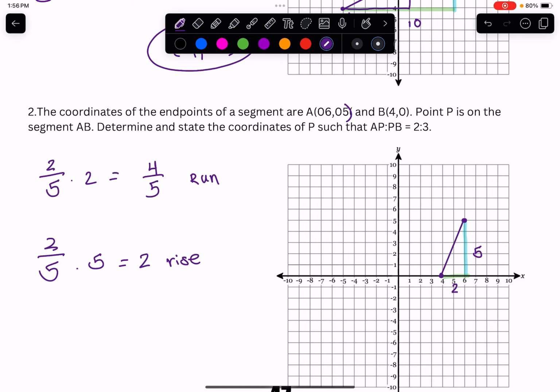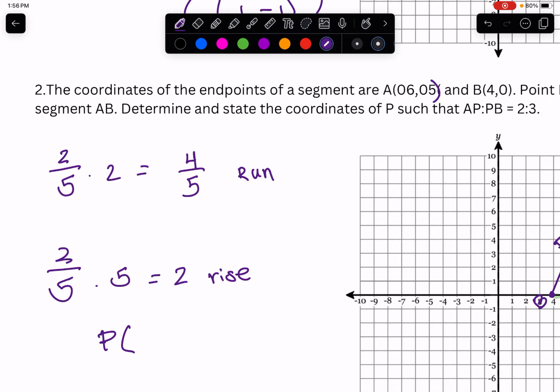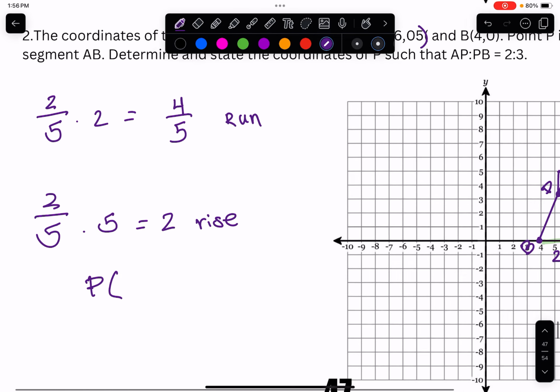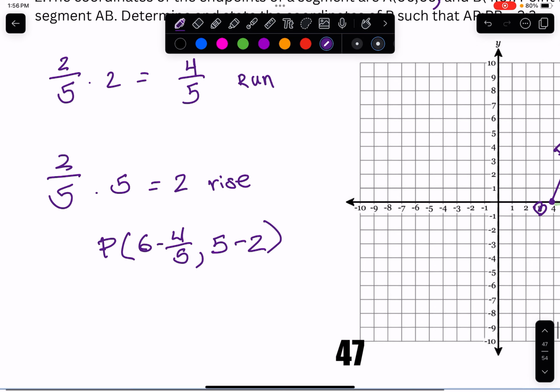So here, we're going to start from A, and we're going to go over 4/5 and then down 2 for point P. So point P is what happens when you go to the left from A. So A was at 6, so it's 6 minus 4/5 over 5 with Y, 5 minus 2.